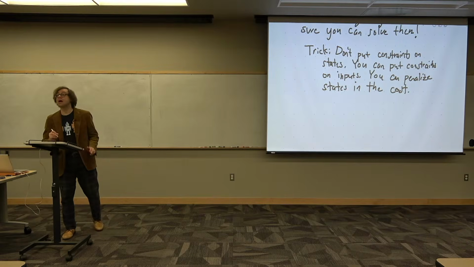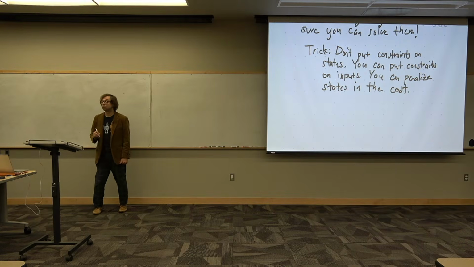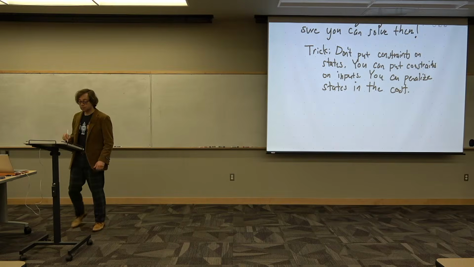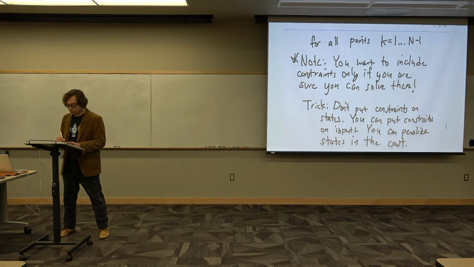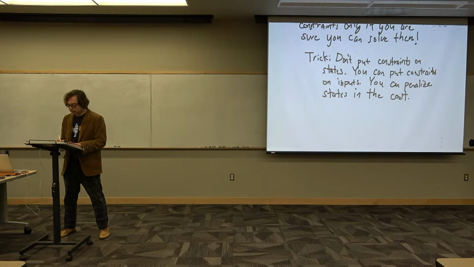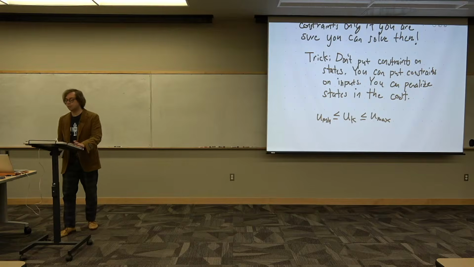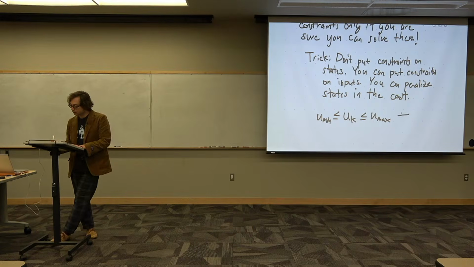That's what we're going to do now. We're going to penalize it in the cost. So we can put limits on the inputs. So we can say that u of k, for all k, is greater than some u min and less than u max. That's fine. Those are input limits.